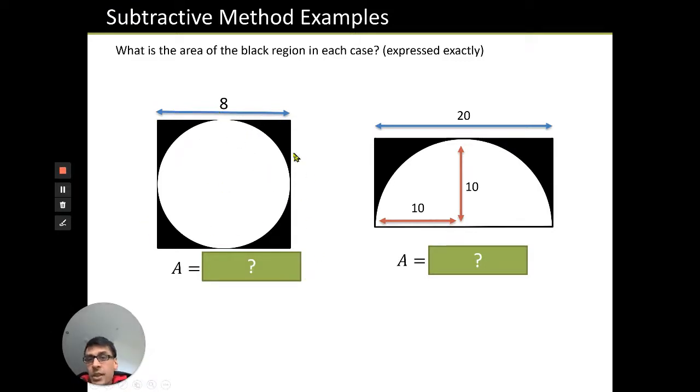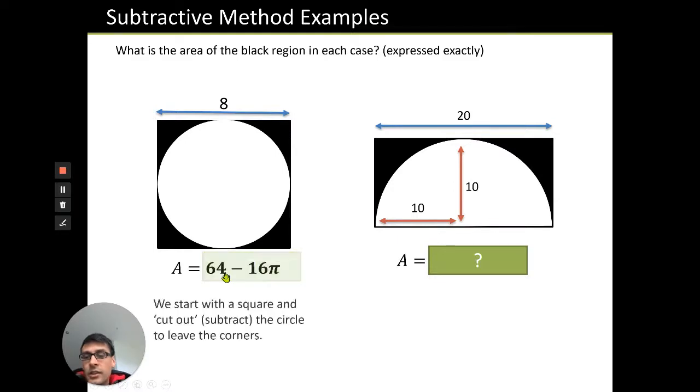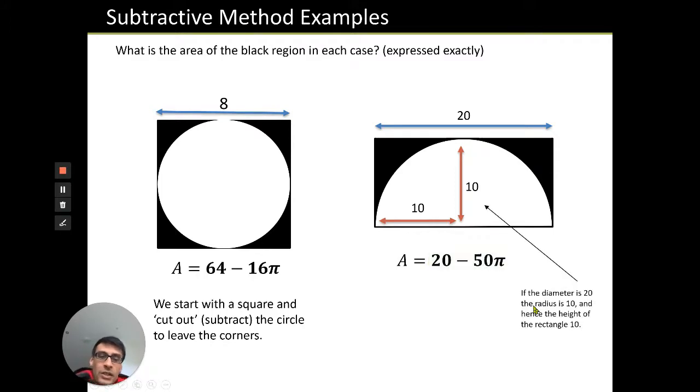The area of the black bit is just going to be the square, take away the circle. So this subtractive method is becoming a lot more common in exams, so be aware of that. These are fairly straightforward examples. On the worksheet, you'll see some harder ones. So you just do 64, take away 16 pi. You can leave that as exact. And then here, the area is going to be 20, take away 50 pi.